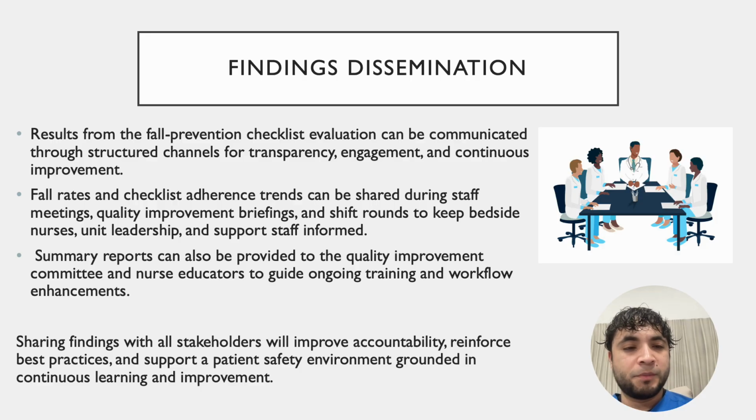Summary reports can also be provided to the Quality Improvement Committee and nurse educators to guide ongoing training and workflow enhancements. Sharing findings with all stakeholders will improve accountability, reinforce best practices, and support a patient safety environment grounded in continuous learning and improvement.